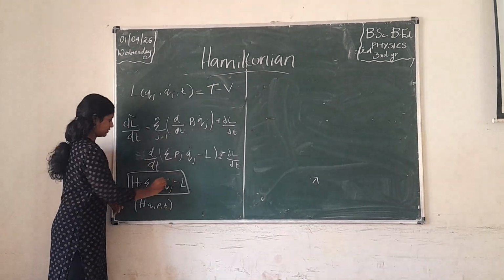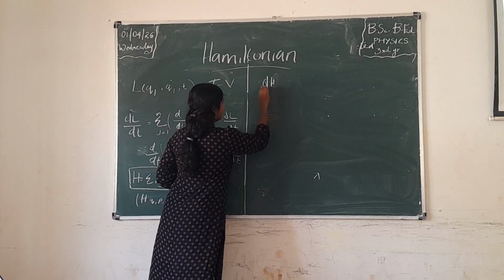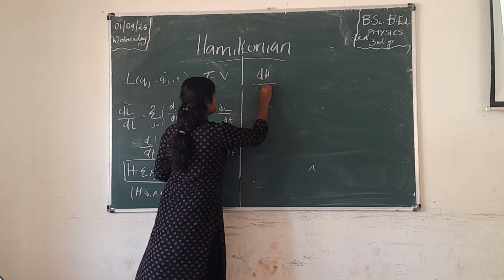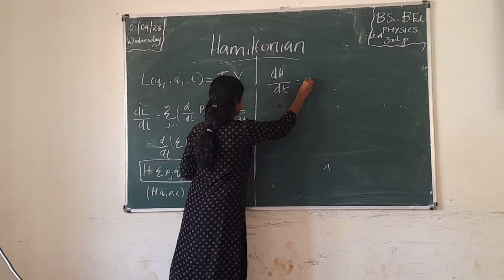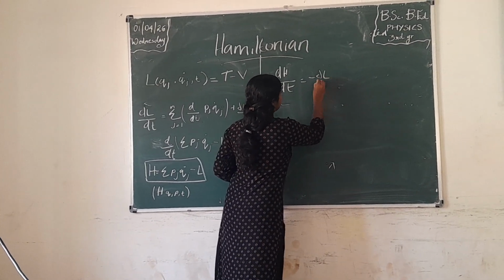Substituting H, we get dH by dt equal to minus dou L by dou t.